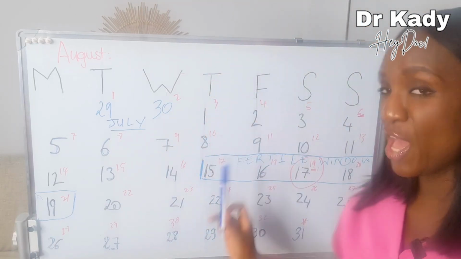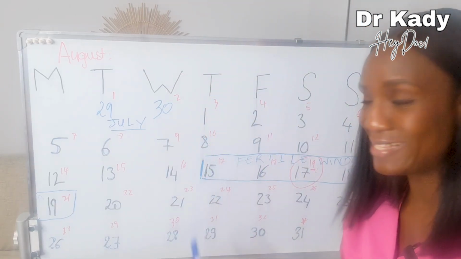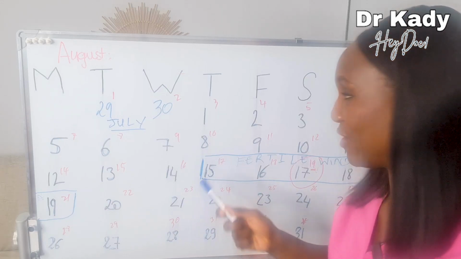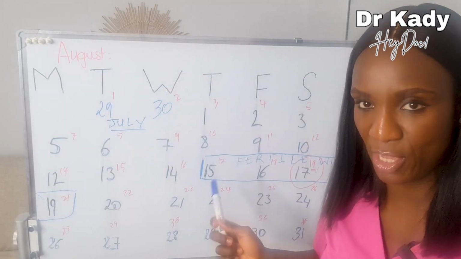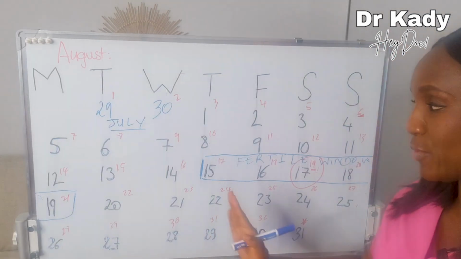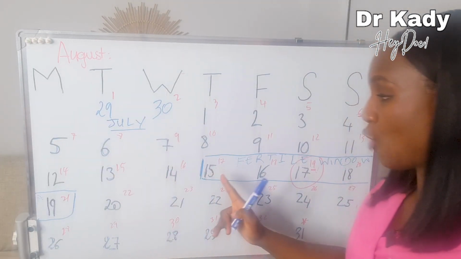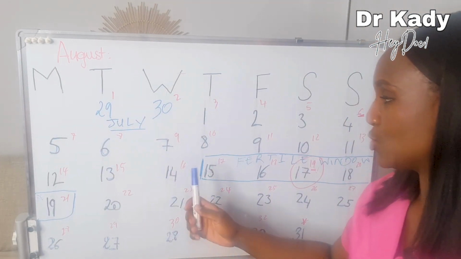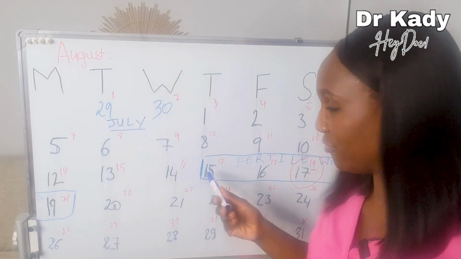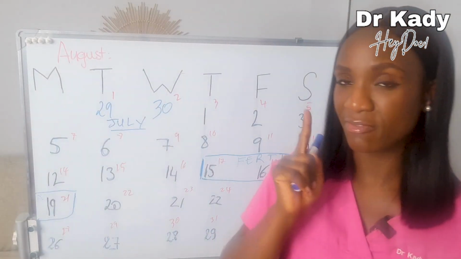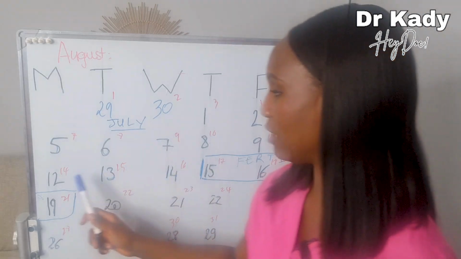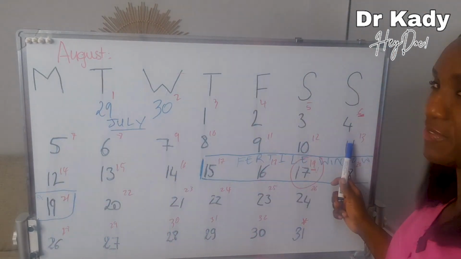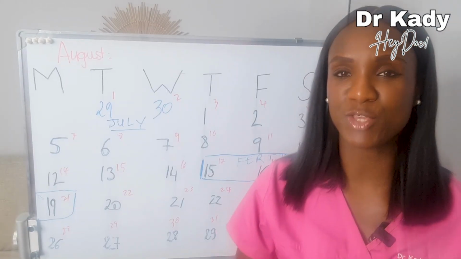So the first possible day that she could ovulate is the 15th of August, or the 17th day of her cycle. So we're going to count 5 days from that day. Now, there's 2 possible ways that you could do this.